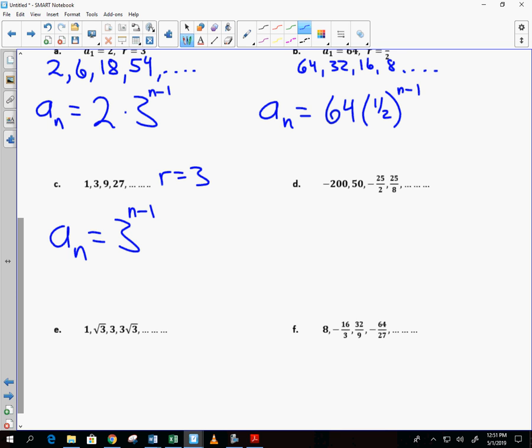That's it. Told you it'd be easy. What's the ratio for this one? Negative 1/4. So a sub n is equal to negative 200 times the quantity negative 1/4, raised to the n minus 1 power.